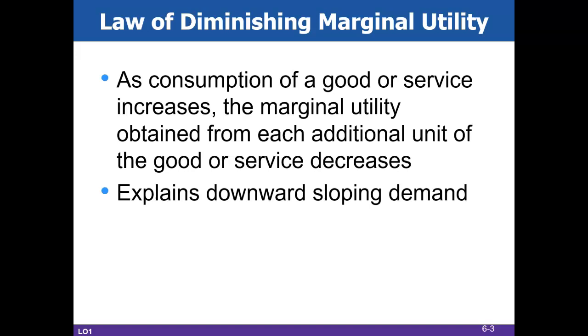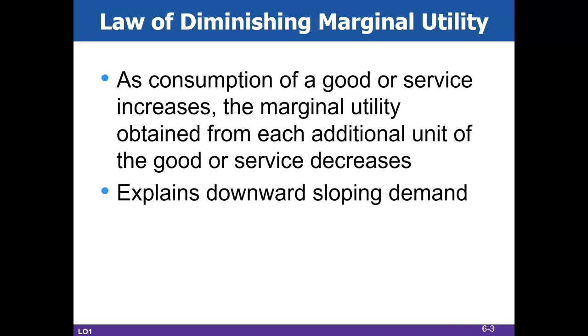Maybe the third is an additional 20 utils or something like that. You could see marginal utility increases. But at a certain point, the marginal utility obtained from each unit is going to decrease. The 80th bagel that you eat is not going to be as tasty to you as the first one.